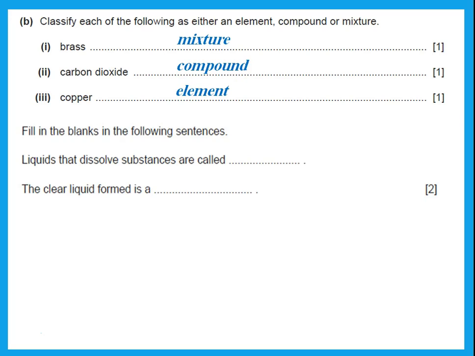The next question says, fill in the blanks in the following sentences. Liquids that dissolve substances are called solvents. So when you dissolve something in a liquid, the liquid is called the solvent. And then the clear liquid formed after you dissolve something in a liquid is called a solution.